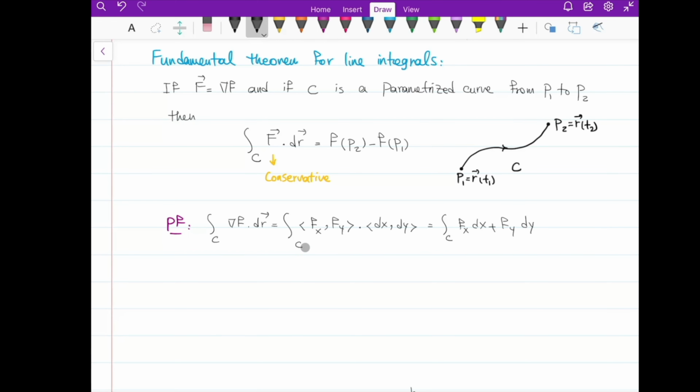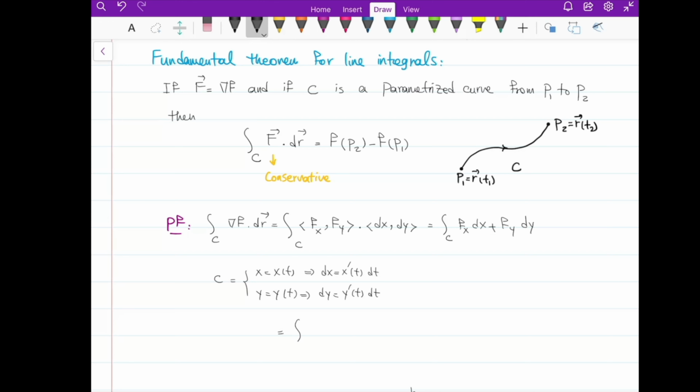Very good. Now let me parameterize the curve C. I'm going to let x to be x of t, and I'm going to let y to be a function y of t, and then in that case dx would be x prime of t dt, and then dy would be y prime of t dt.